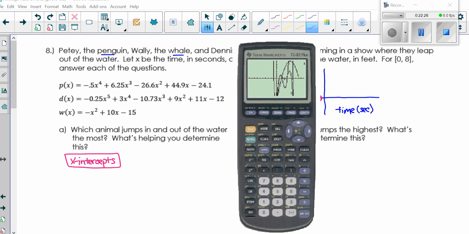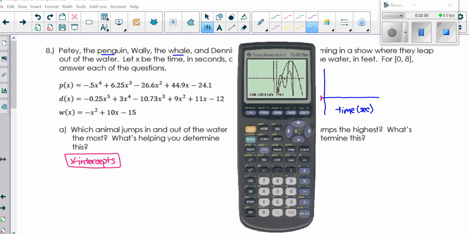And this last one is the whale. Okay, we're looking specifically for the interval of 0 to 8, which is why I don't want to go any farther than this, because this goes to 10 anyways, and I think that stops right there at 8. So that x-intercept, yeah, is at 8.